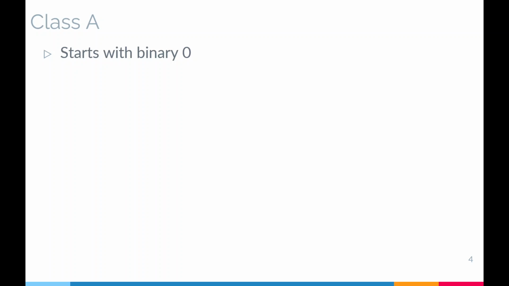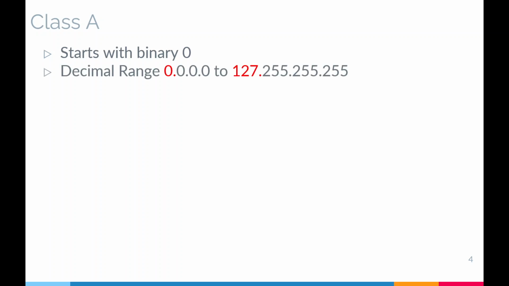Now, if we talk about the decimal range, it starts from 0.0.0.0 to 127.255.255.255. Now, you might be wondering, why is the 0 in red and the remaining in a different color? Now, let's try to understand that.